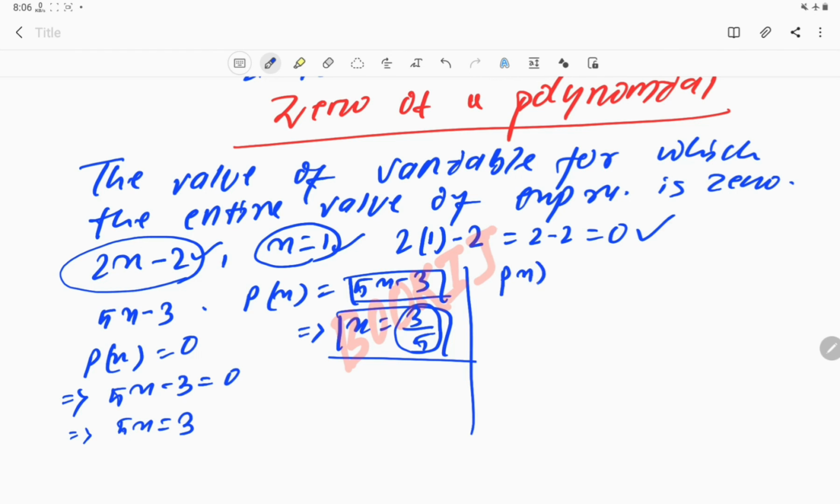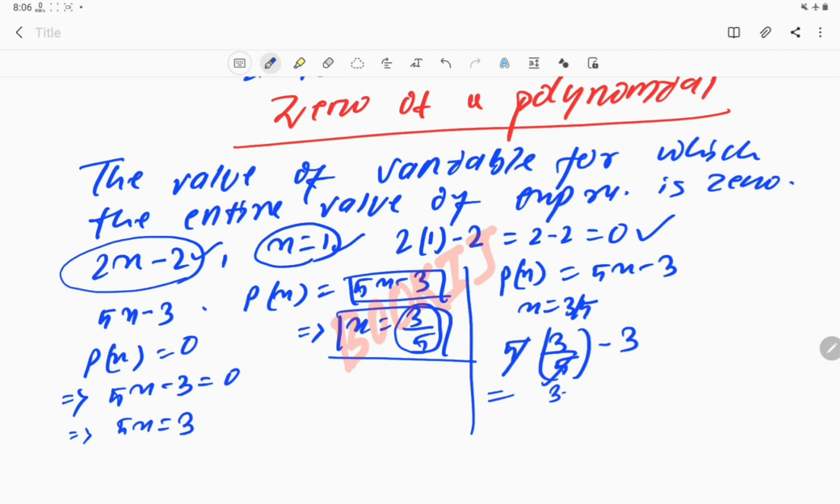So the polynomial is given in the form of p of x, that is 5x minus 3. At x is equal to 3 by 5, we are getting 5 into 3 by 5 minus 3. That is, 5 got cancelled. We are left with 3 minus 3, and 3 minus 3 gives 0.